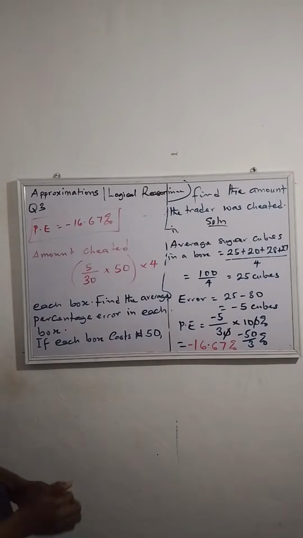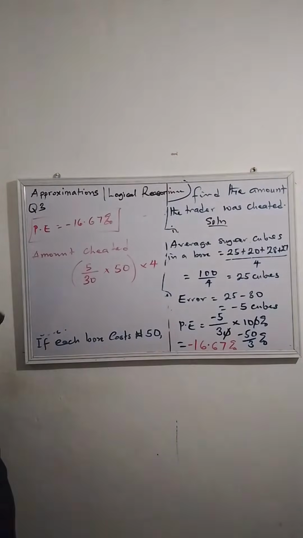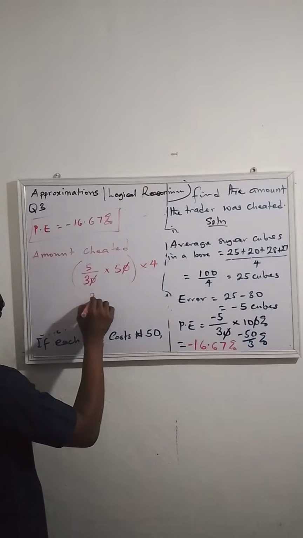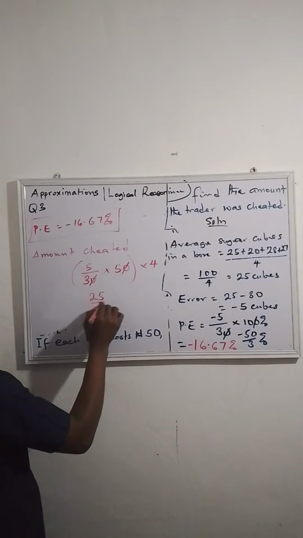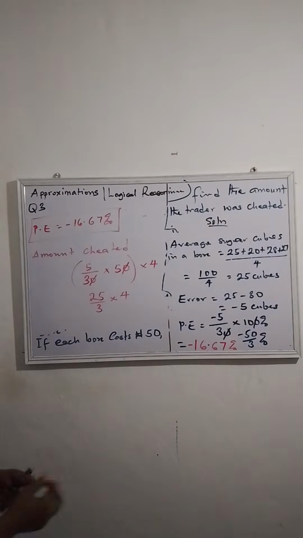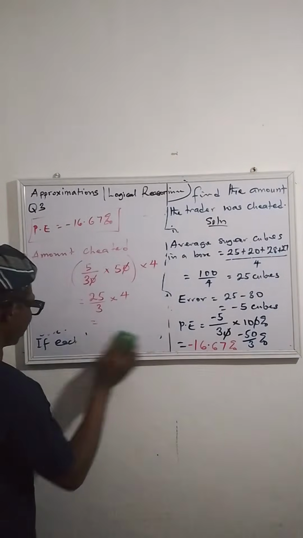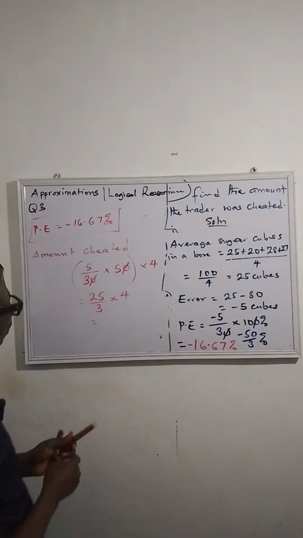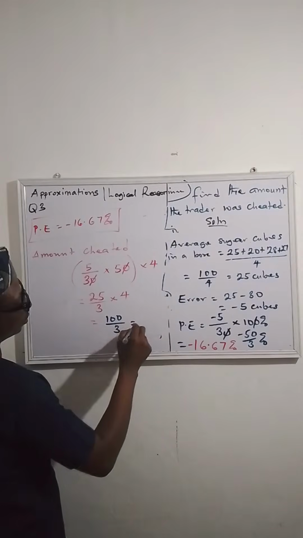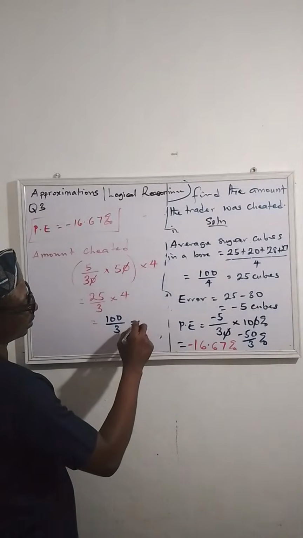Okay, good. So if you get that, we can then simplify this. We cancel this. So we have 25, 5 times 5 is 25, over 3 times 4. If you do that, you have what? That's 100 over 3. So can we divide now? 3 goes in 10, that is 3.